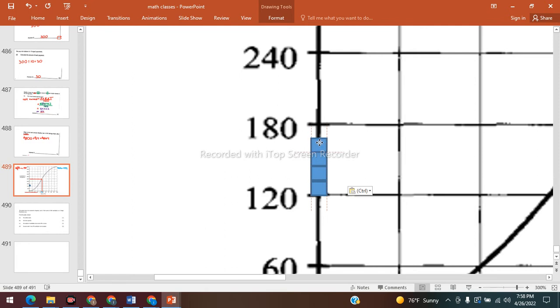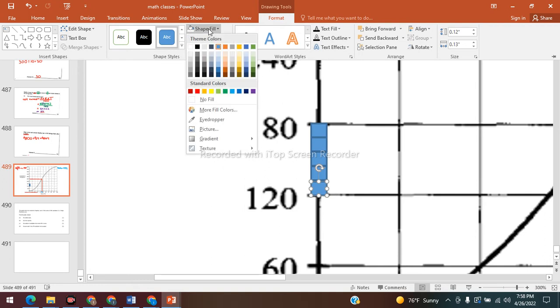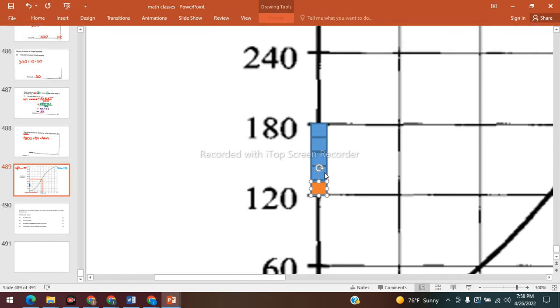Voila. Use the magic again. Alright, so let's color this. It's going to be shape fill.